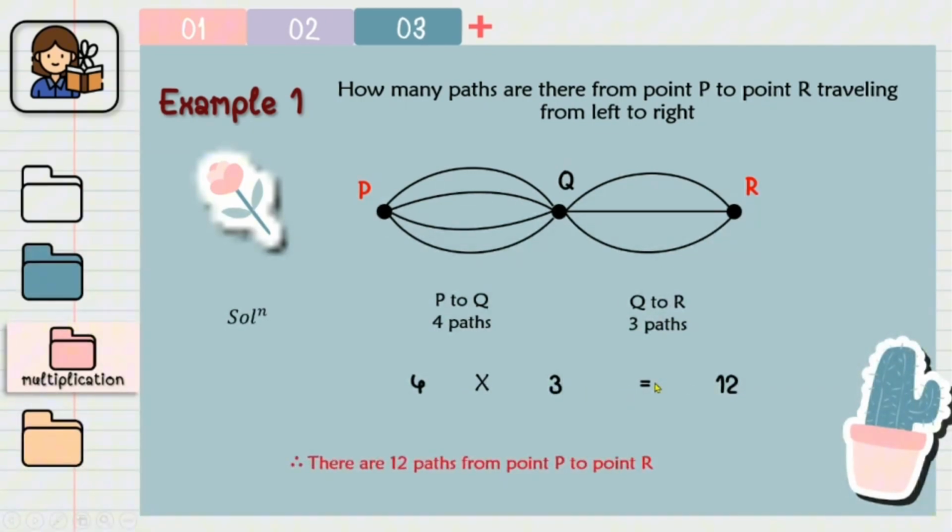So, there are 12 paths from point P to point R. Okay, next, let's look at a more difficult example.